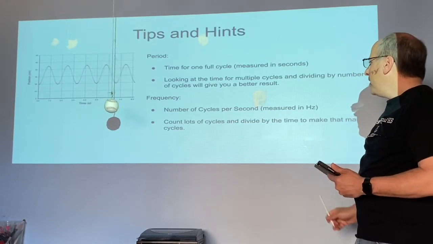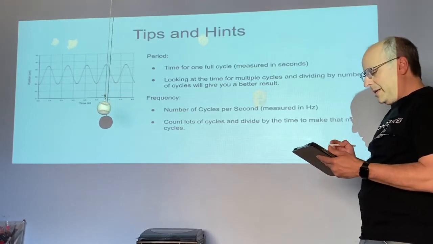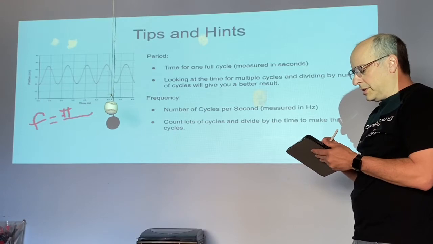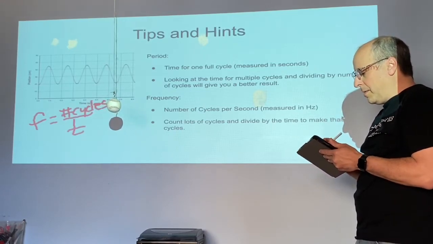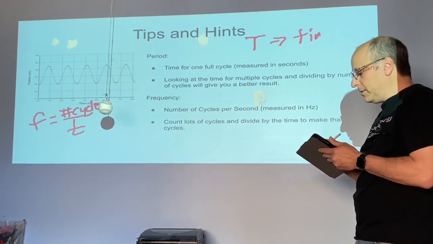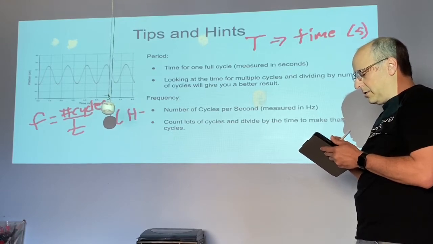Okay? So you count lots of cycles and divide by the time it takes to make that many cycles. So frequency, number of cycles, over time, period, time for one cycle, and that's in seconds, and this is in hertz.